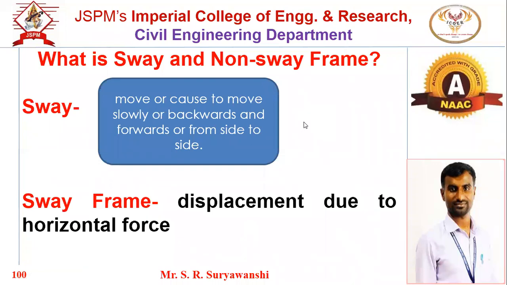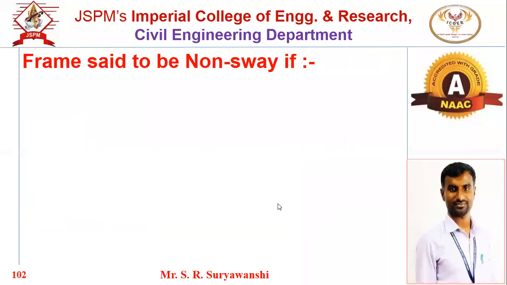There are three conditions we have to remember for the frame to be non-sway, and the fourth is the condition for the support reactions at beam level. So what are those three conditions?